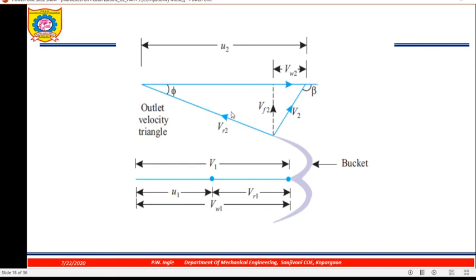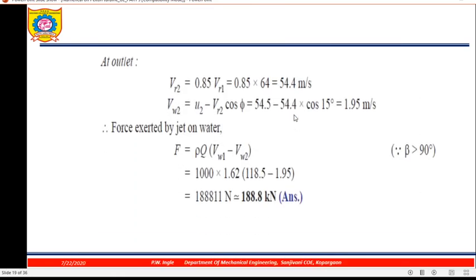Otherwise, I told you, go on solving the problem. If you are getting a minus value, your velocity triangle will be updated like this. Very simple. So VW1, why is it positive? Because VR2 cos phi is less than U2, or U2 is more than VR2 cos phi. That's why we are getting value like this. So F equal to rho Q (VW1 minus VW2) because beta is greater than 90.